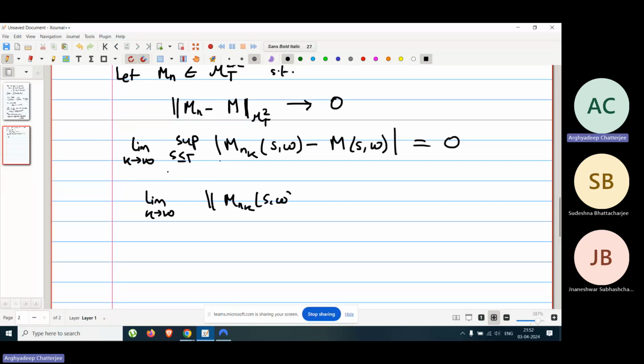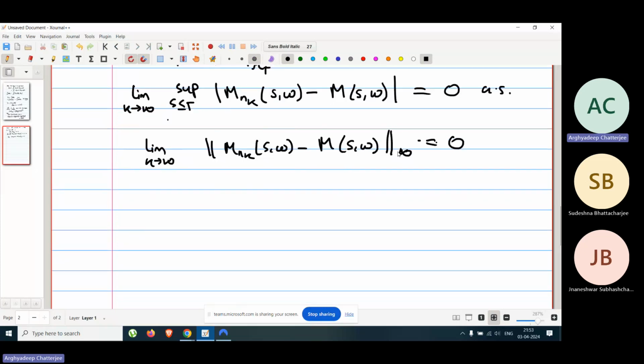Now we can use the completeness of C[0,T] with the L infinity norm.